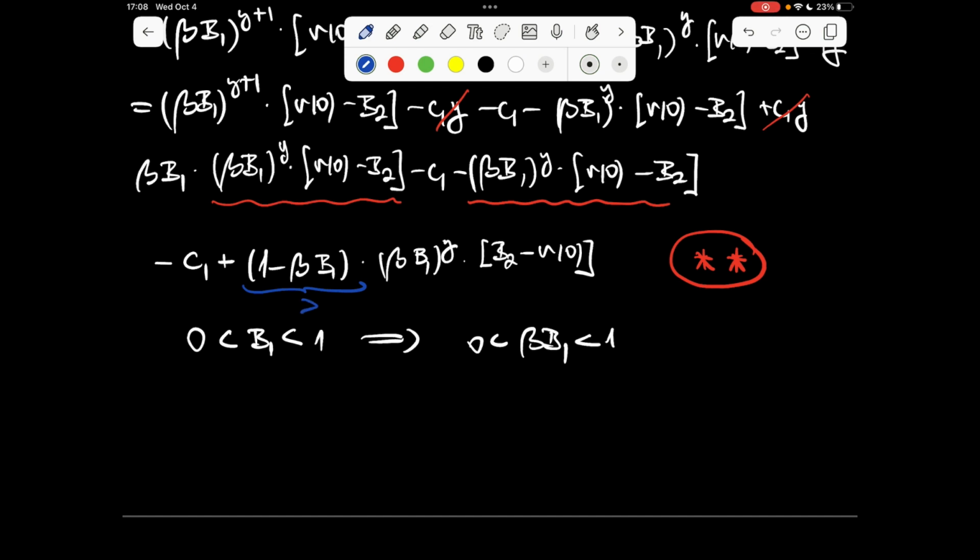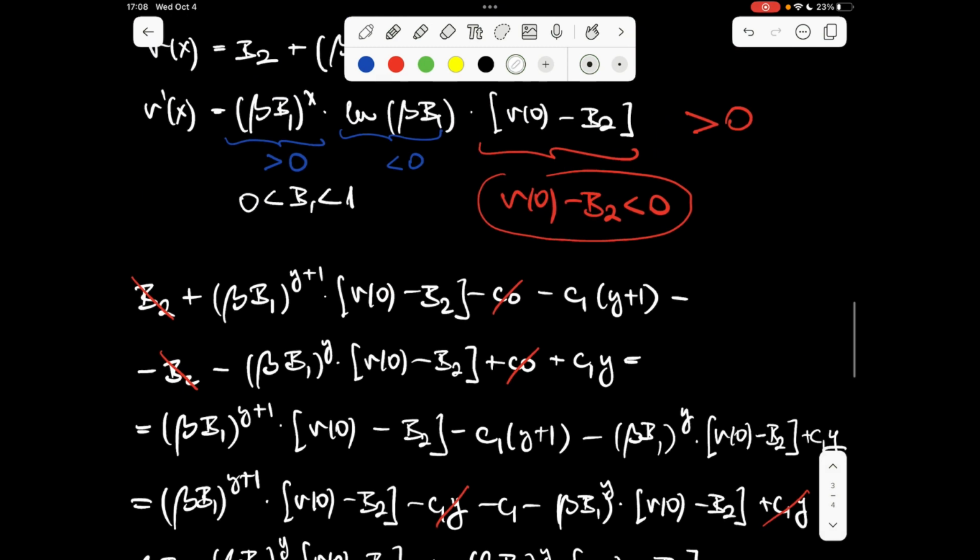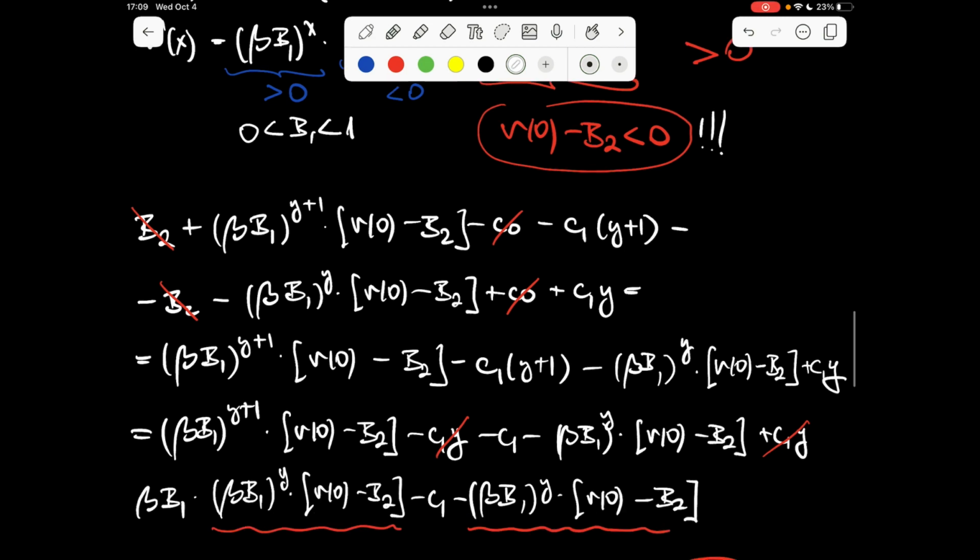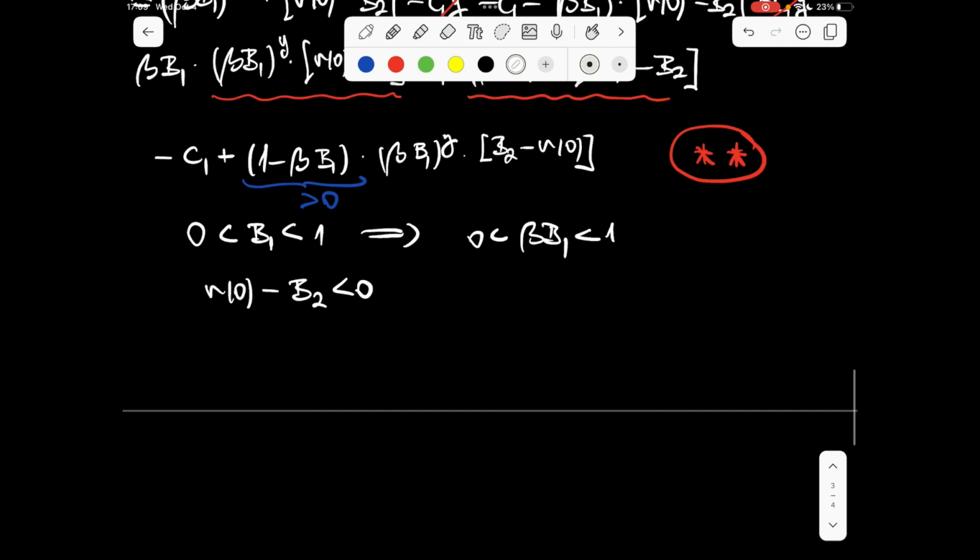So this guy is strictly positive, and given that we assumed previously that this expression is negative, where here I think I mentioned that we were going to use this inequality soon, and the time has come.